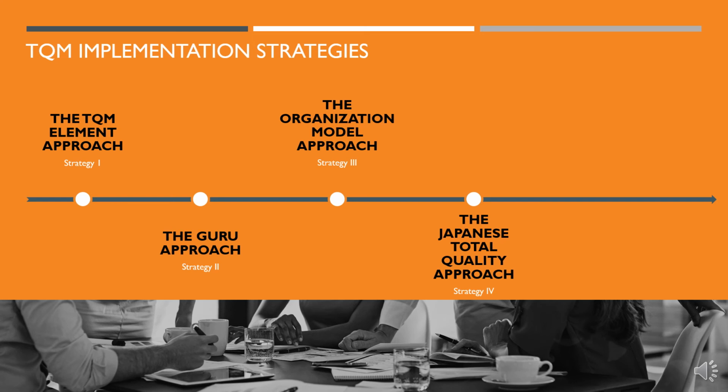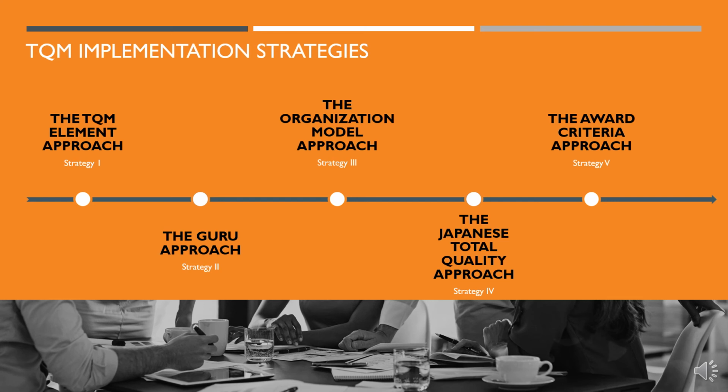The next is the Japanese Total Quality Approach. Organizations using the Japanese Total Quality Approach examine the detailed implementation techniques and strategies employed by Deming Prize winning companies and use this experience to develop a long-range master plan for in-house use. And the fifth approach is the award criteria approach.